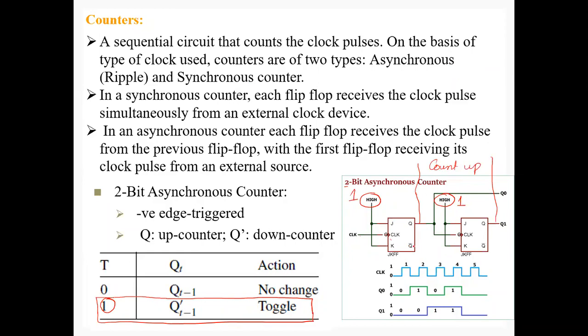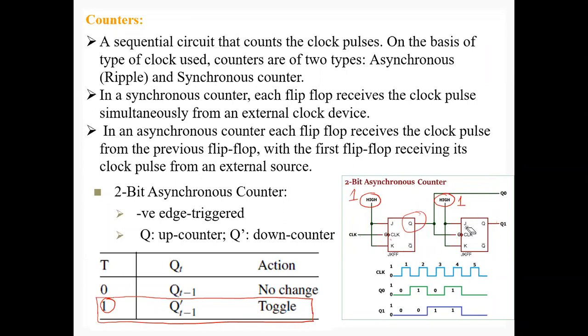On the other hand, if you take the output from here, rather, it will be count down. So actually this works as both, count up and count down, depending on where you get the output from. Normally we take the output from Q, right? There's no doubt. This is just plan B.